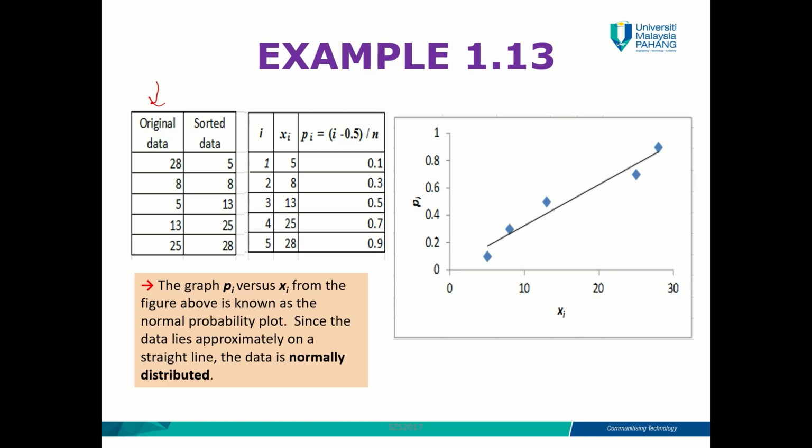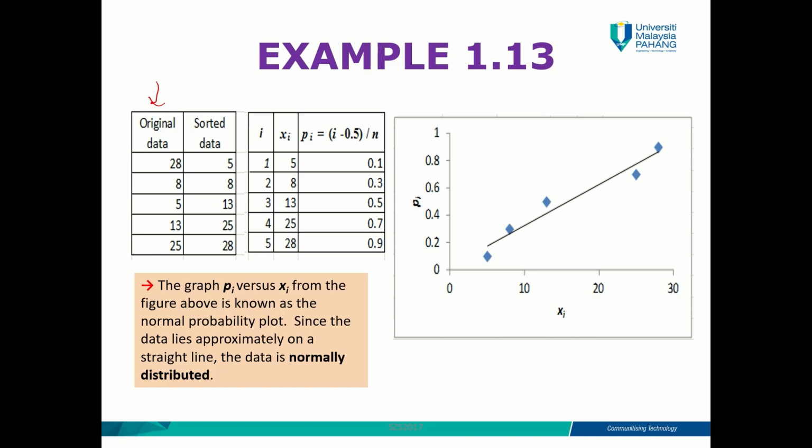The first step, you need to sort the data in ascending order. We start with 5 and then the largest value is 28. Then we denote it as xi where i equals 1 until n. In this data set, we have n equal to 5.